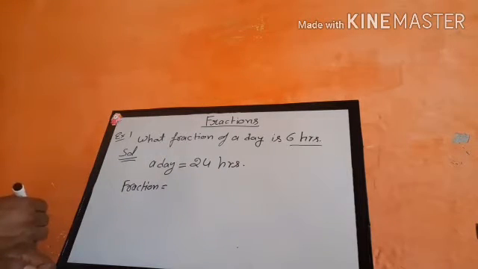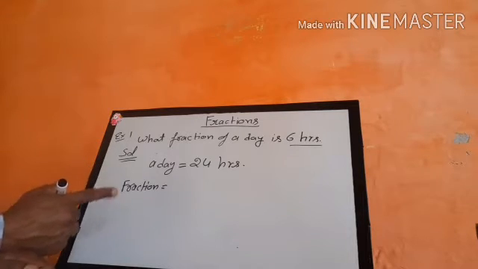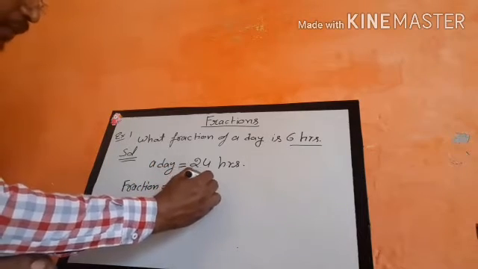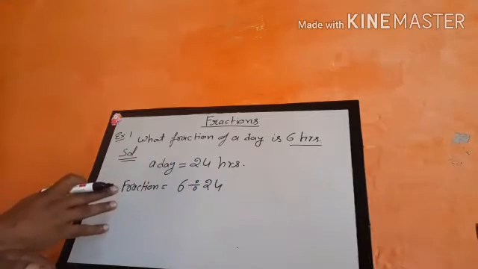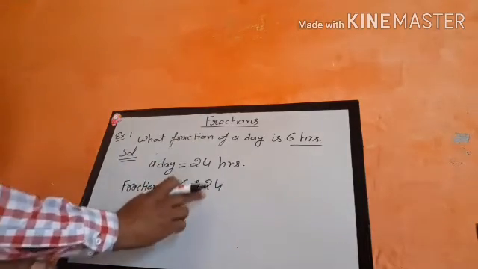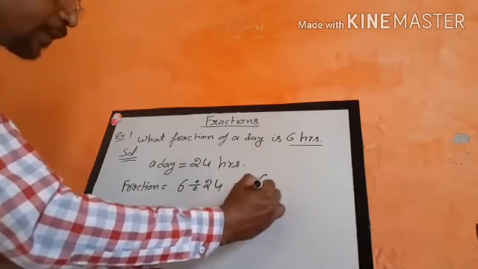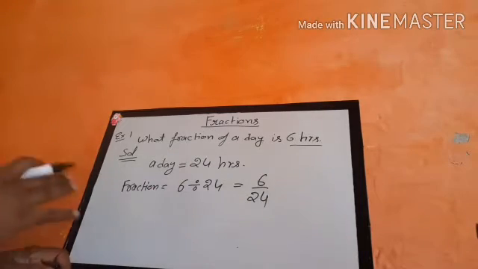here we will use the third type, meaning fraction as a division. So here divide 6 by 24. 24 is the whole day. I already told you the value of the whole or the part of the whole should be written in division. So we can write it 6 upon 24. Now simplify it, right?